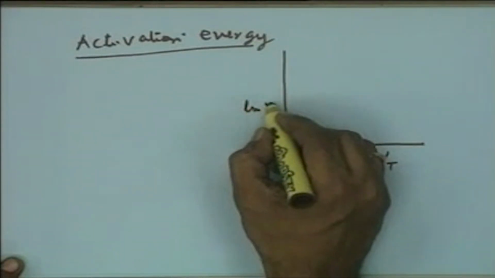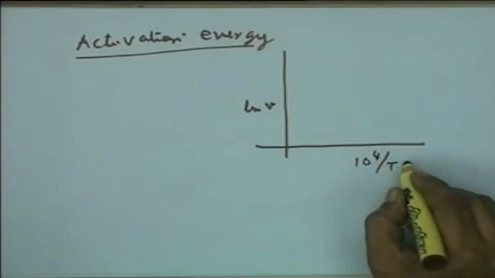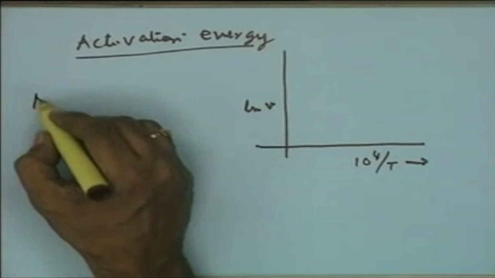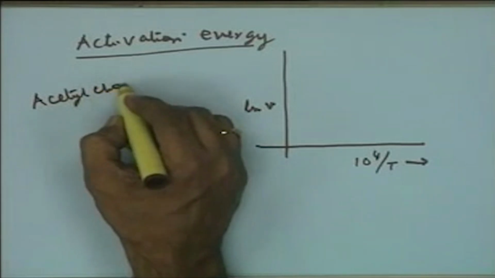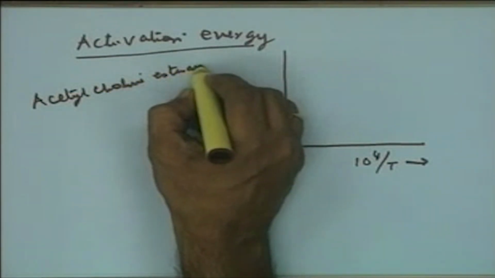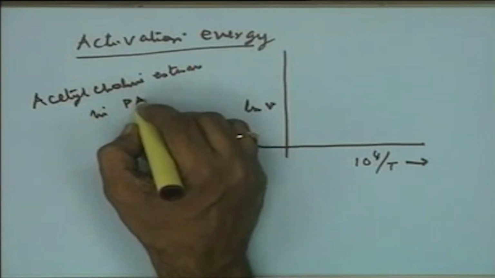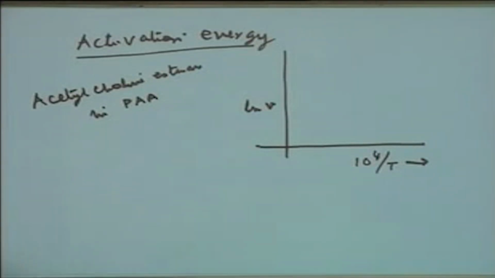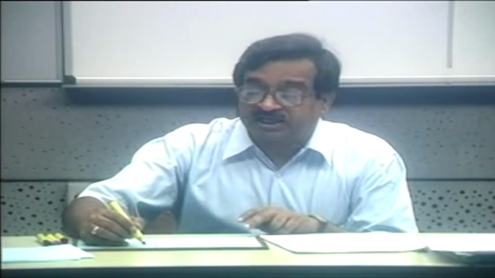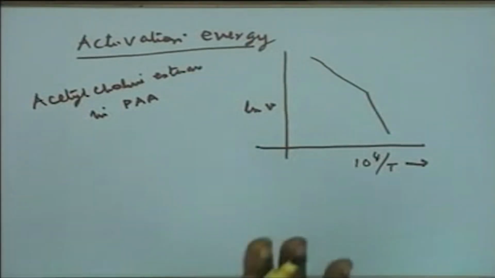This is ln V versus 1 upon T for acetylcholine esterase immobilized in polyacrylamide gel particles, and when the estimation of activation energy was made under different substrate concentration regimes with immobilized particles, one noticed a biphasic profile.